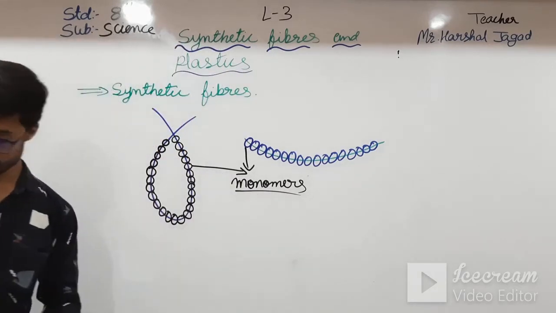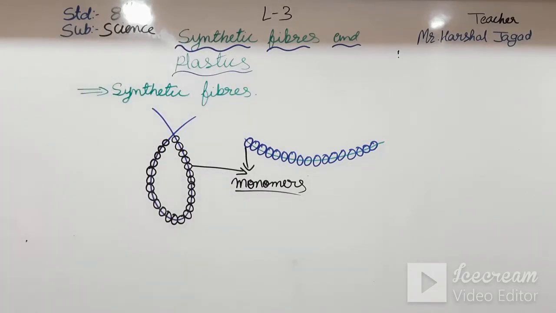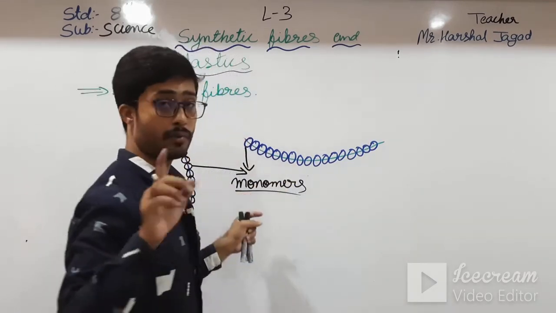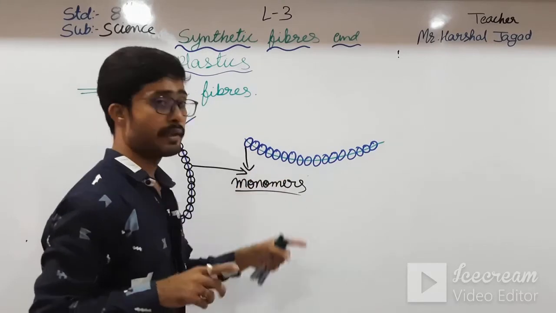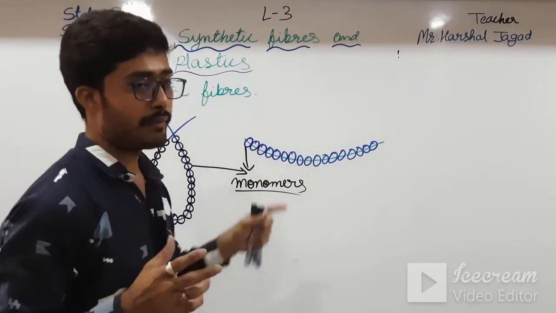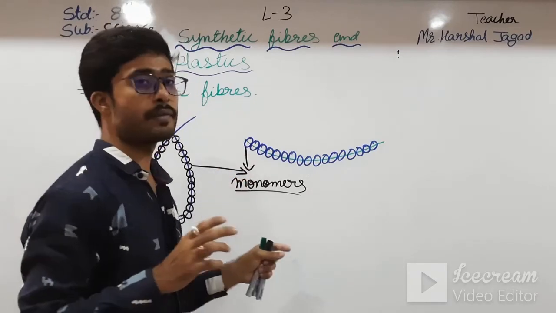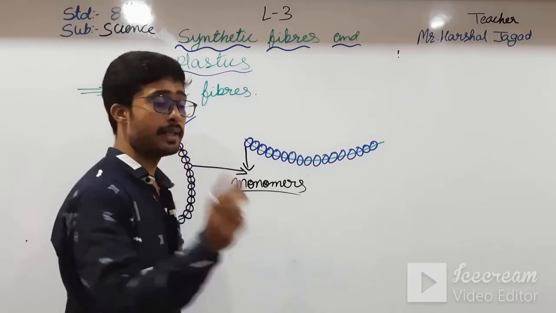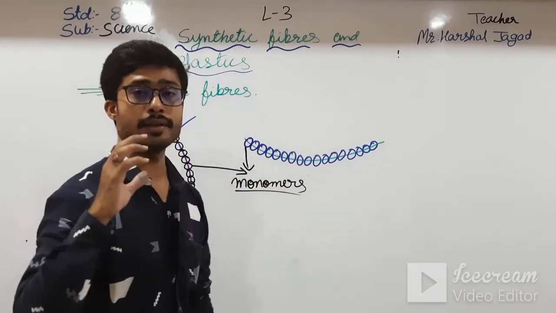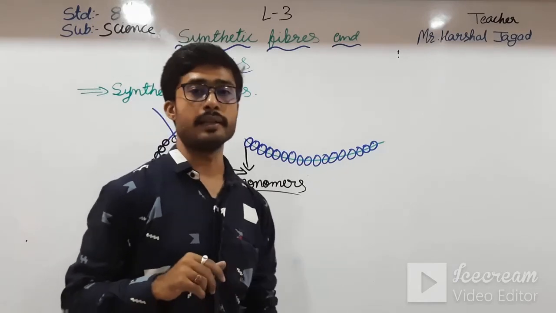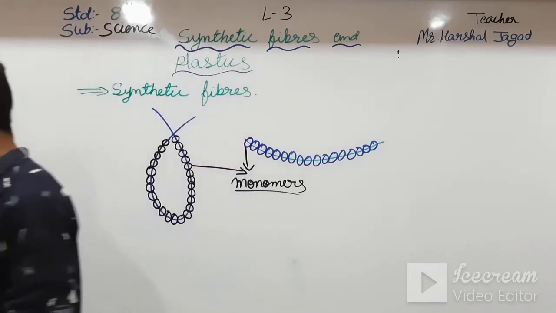So the joining of these small units, each one unit known as a monomer, students. When joined by this process, it forms a polymer. Monomer means one unit, polymer means many units joined together. So this process is known as polymerization.